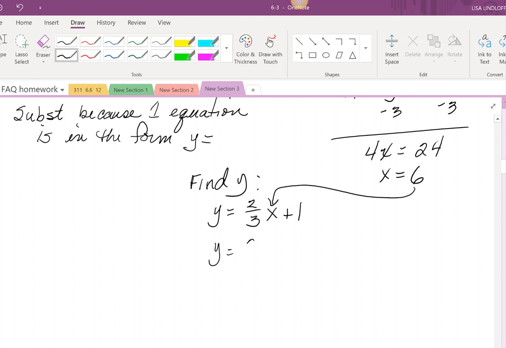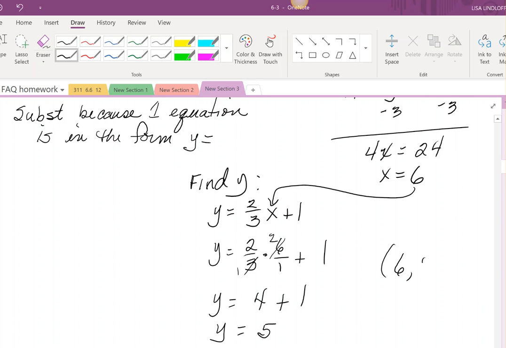Y is equal to 2/3 times, I'm going to write that 6 as 6 over 1, plus 1. Now 3 goes in there once, 3 goes in there 2 times. I have y is equal to 4 plus 1. Y is equal to 5. Looks like my ordered pair solution is 6, 5.